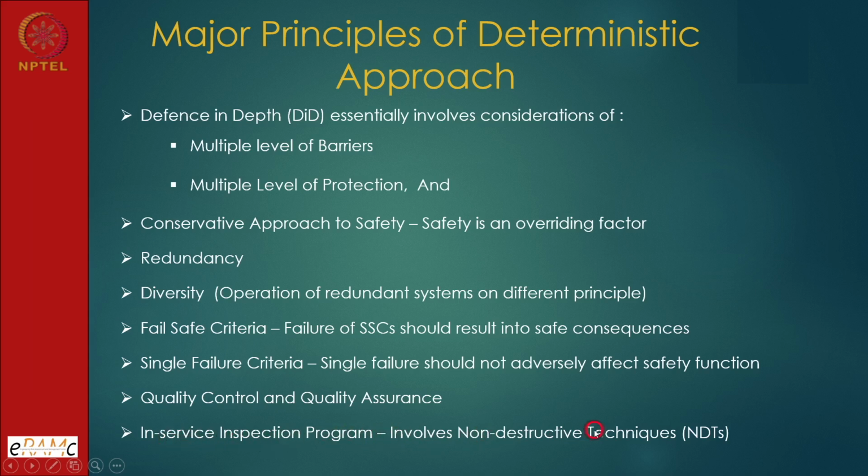Basically they are non-destructive. Like if you have to inspect the health of a pipe, just put your detector or sensor there, and based on the signal that you are getting, tell whether the structure has any defects or flaws or not.